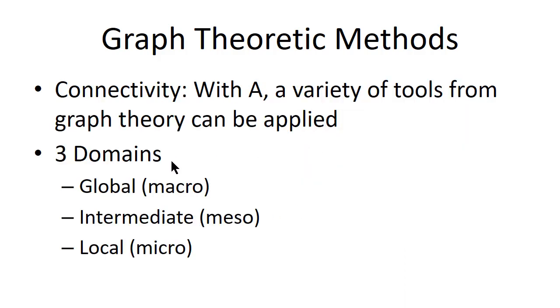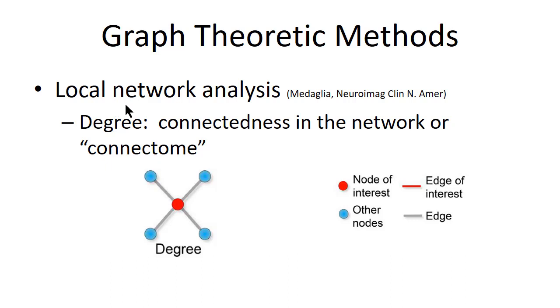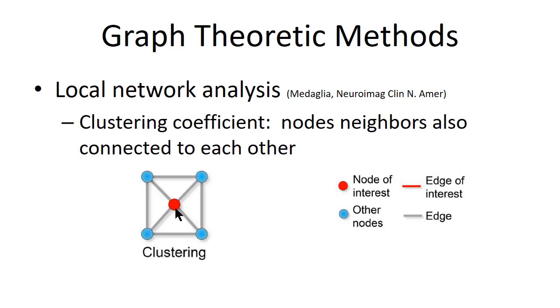Now, there are three domains that graph theory typically breaks down into: global metrics, intermediate metrics, which look at an intermediate scale, and the local domain. Here is an example of local network analysis metrics. In local network analysis, we're looking at properties of an individual node. There's degree, for instance, which is the amount of connectedness of that node to the rest of the network.